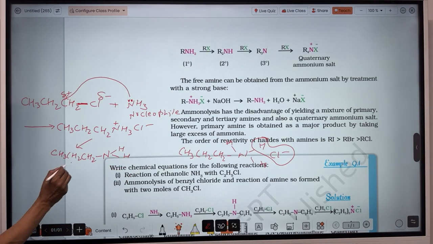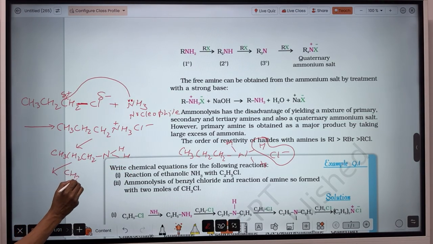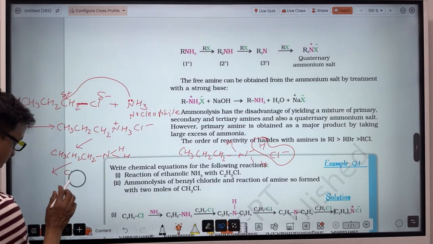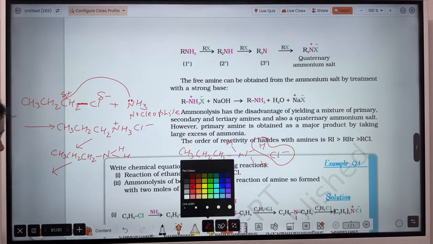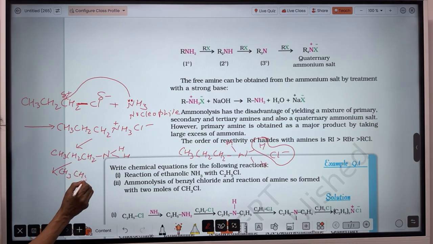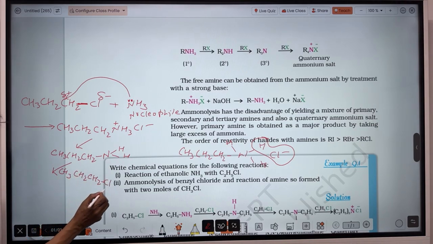When this primary amine is further treated with haloalkane, that means already there are a number of haloalkane molecules in the reacting vessel. So with this primary amine, the other haloalkane molecule will react. So hydrogen will combine with chlorine, form HCl.